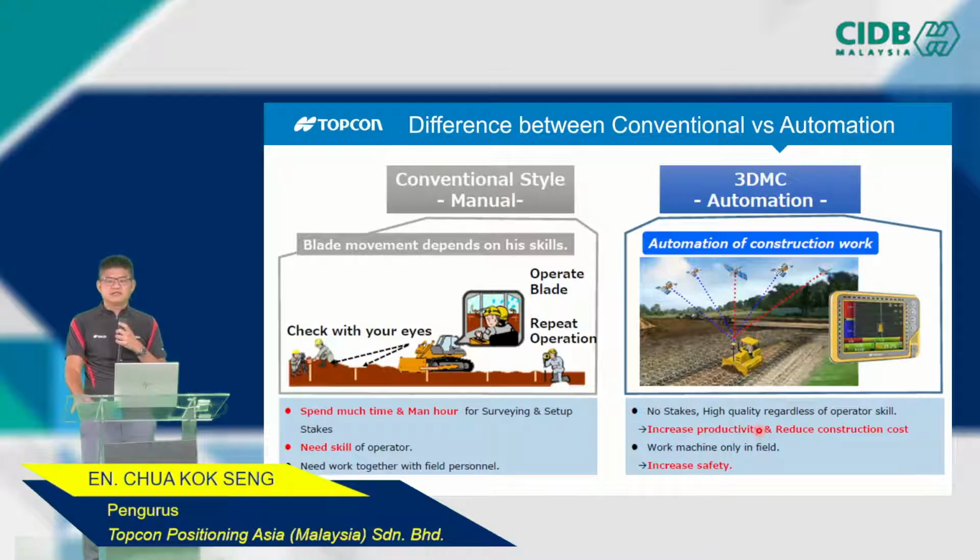If the operator has just been operating the machine for 2 to 3 months, the final grading job or final construction work will tend to be of higher quality. So eventually it increases productivity and reduces construction costs. And with work machines only in the field, you need fewer workers at the field, which eventually increases the safety of the construction job site.